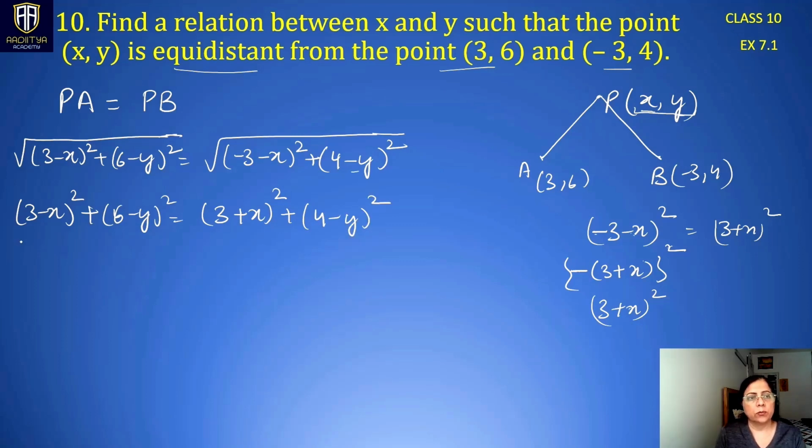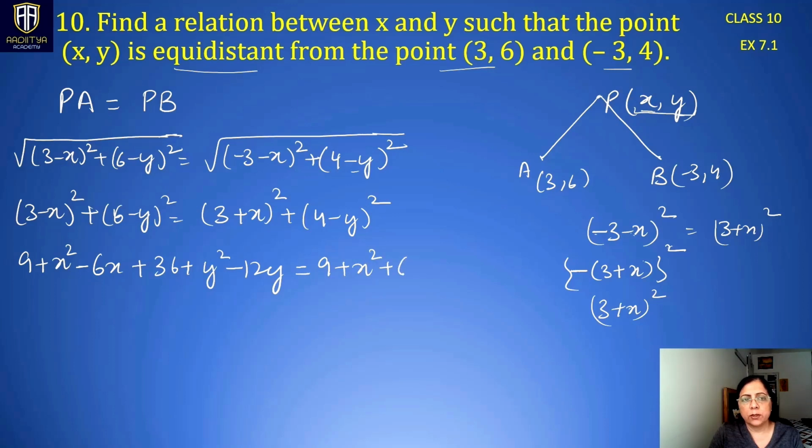Now open these brackets. This is a square plus b square minus 2ab. A square plus b square minus 2ab. On the right hand side, this is a square plus b square plus 2ab, 6x. A square plus b square minus 2ab is minus 8y.